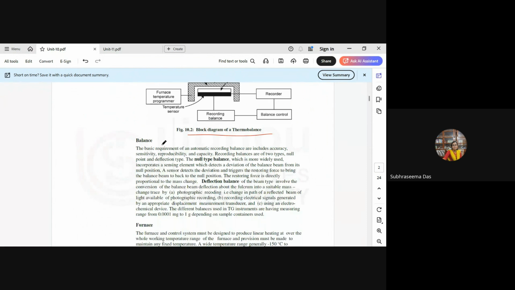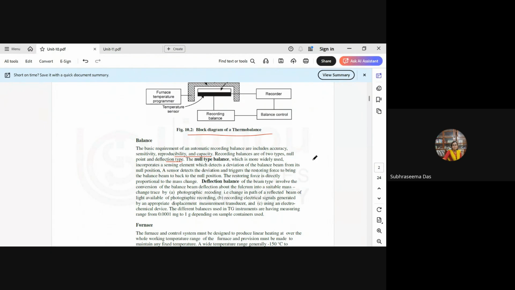So what is this balance? The basic requirements of an automatic recording balance include accuracy, sensitivity, reproducibility, and capacity. The balance used in TG must be very sensitive and accurate. Recording balances are basically of two types: the null point type and the deflection type.